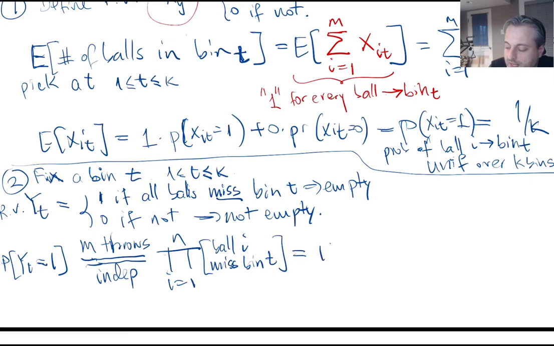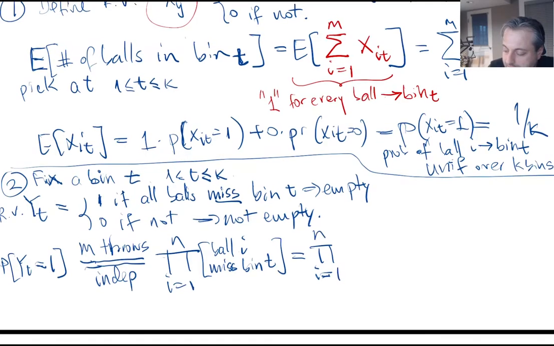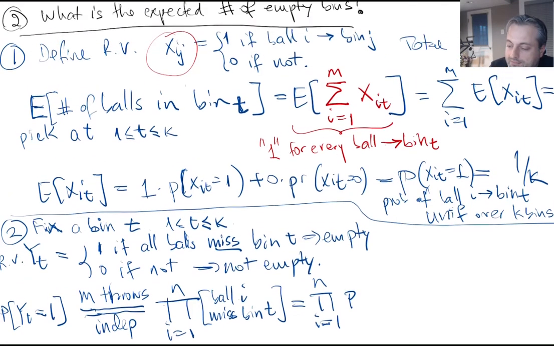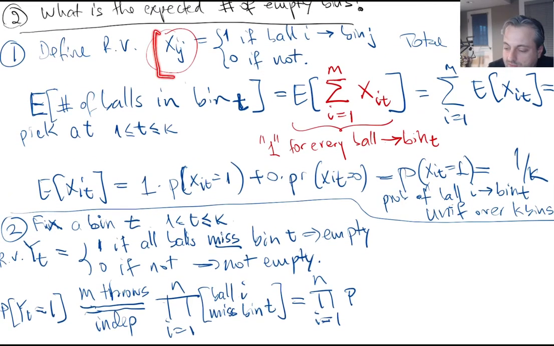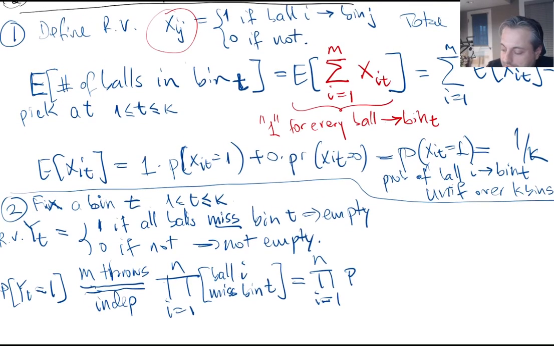Going back to the first part and looking at the definition of xij, that is the product from i equals 1 to m of the probability that xit equals 0, right?